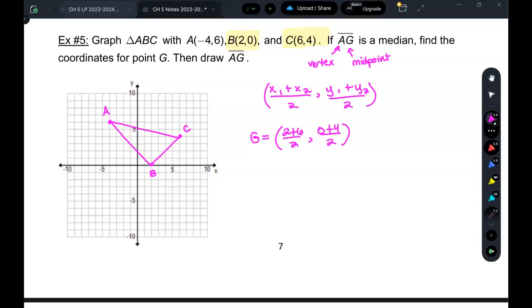So 4 and 2. We agree, 4 and 2. So there's G. And now we're going to connect A to G.